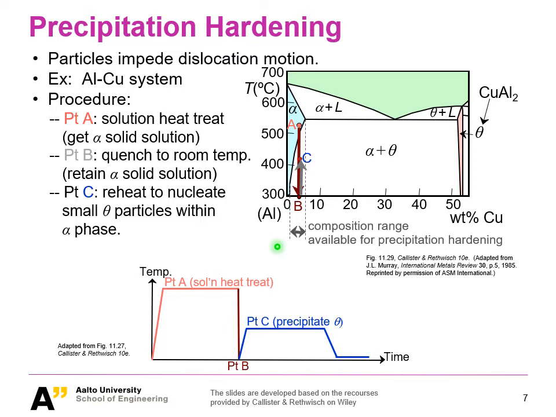Those theta will nucleate inside of the alpha phase and become these very small particles, so-called precipitates. And this is the whole process of precipitation hardening.